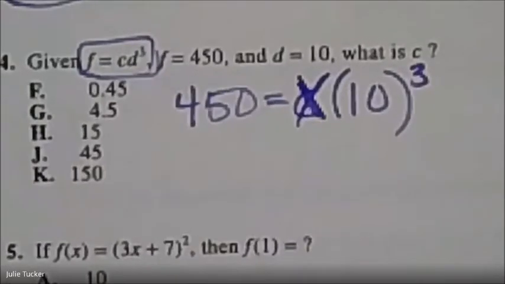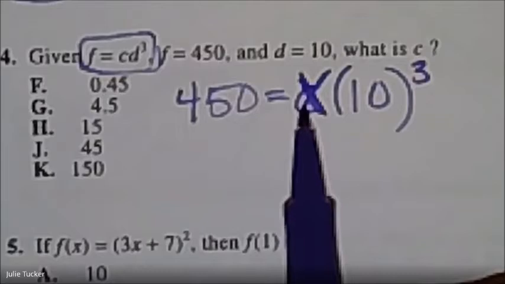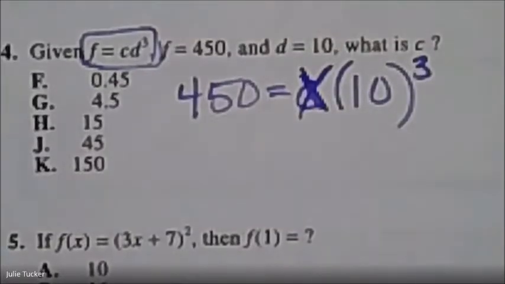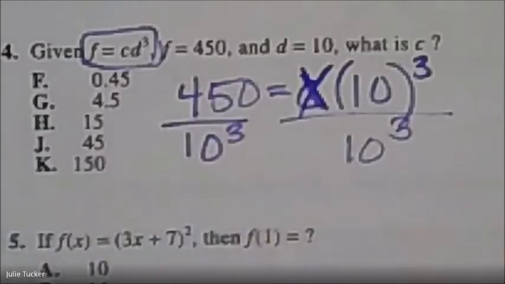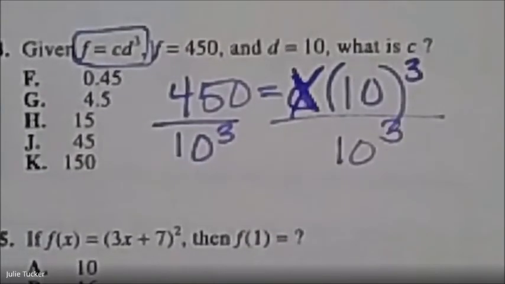So now they want us to solve for the variable, right? So what do we do? Okay, what am I dividing by? Good. 10 cubed, right? Okay, so I have to do this math. So if you're working with somebody, even with me, then you're going to have to say now divide. And you can't just say to me divide. You have to say do 450 divided by 10 cubed.